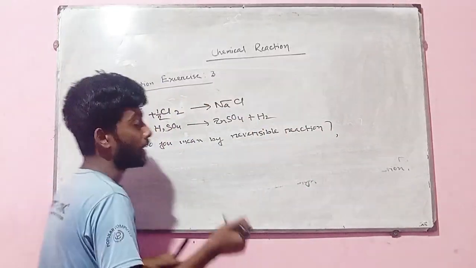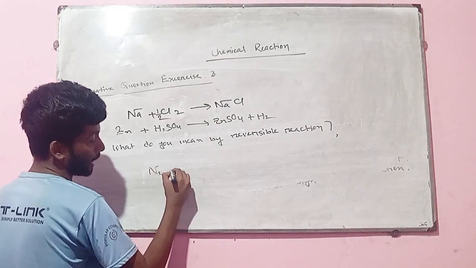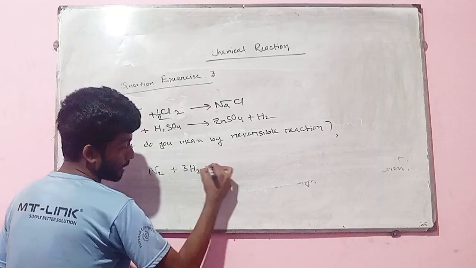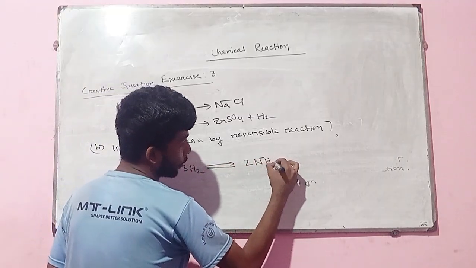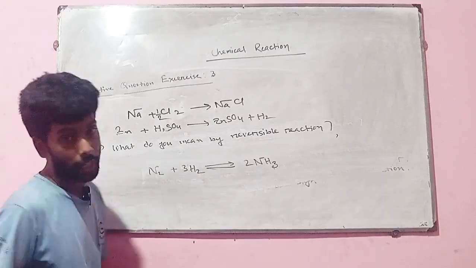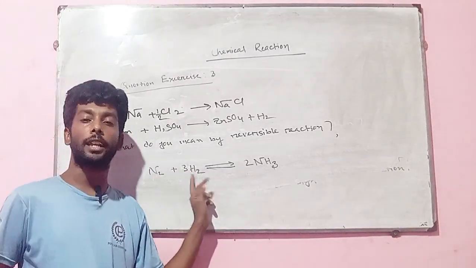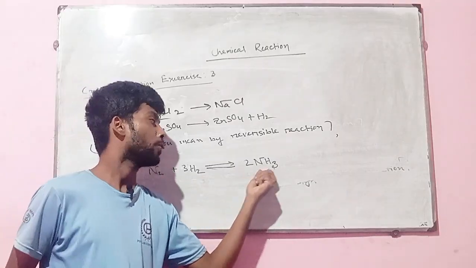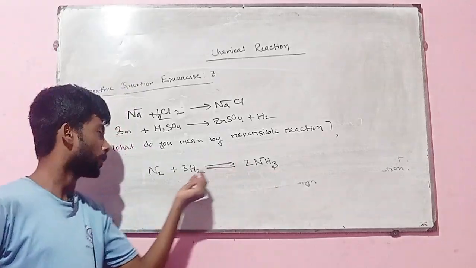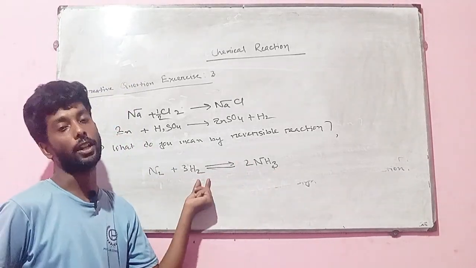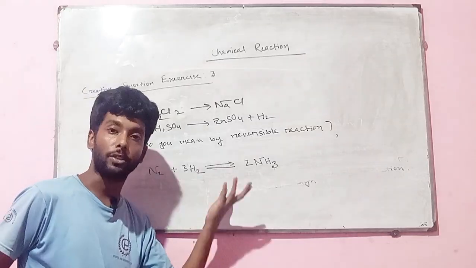So we can exemplify it. 1 mole of nitrogen gas and 3 moles of hydrogen gas produce 2 moles of ammonia. In the same way, 2 moles of ammonia decompose into 1 mole nitrogen gas and 3 moles of hydrogen gas.